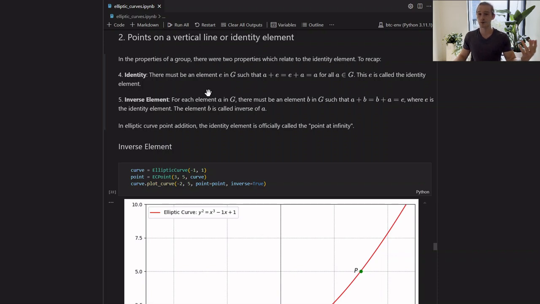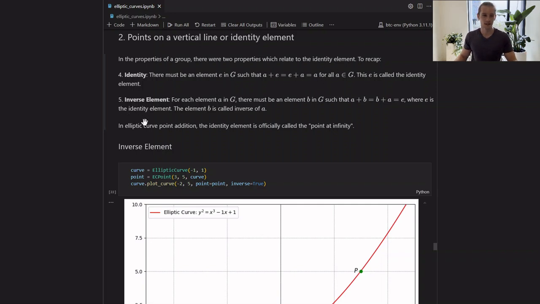So to recap, there were 2 properties of a group where the identity element came into play. The first one was the identity property, which just stated that if you add the identity element to a point on the curve, then that point remains unchanged. Now I've translated that onto points on elliptic curves, but that's what this property just means.